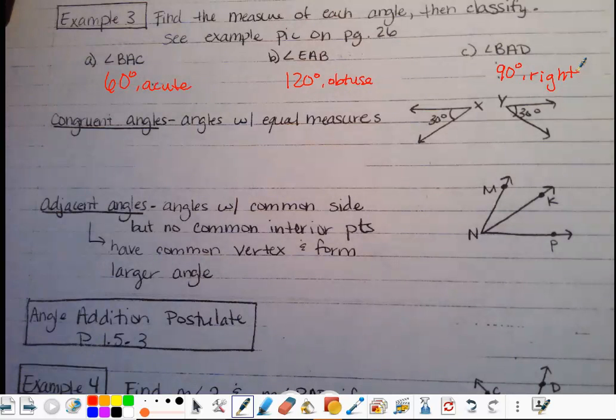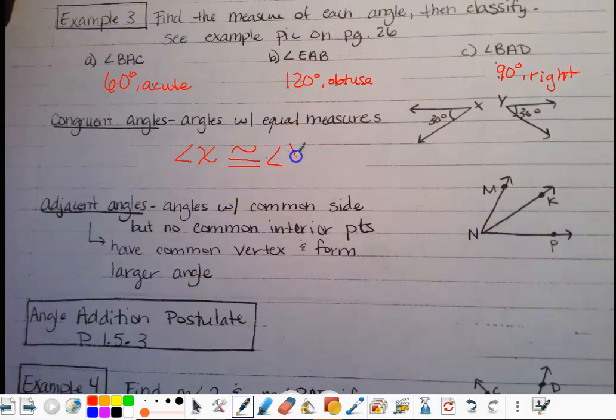All right, so congruent angles are angles with equal measures. So if we look at angle X, it's 30 degrees. Angle Y is also 30 degrees. So they're congruent. Now how we write this is angle X. Do you remember the sign for congruent? Not the C. Remember, it was the equal sign with the squiggly.